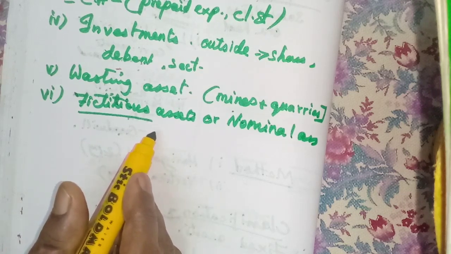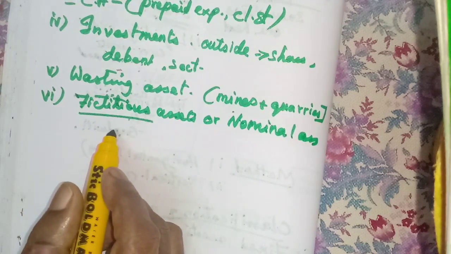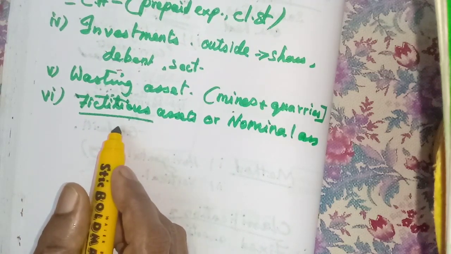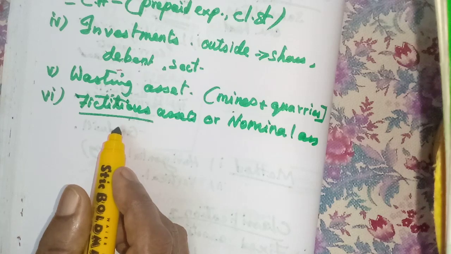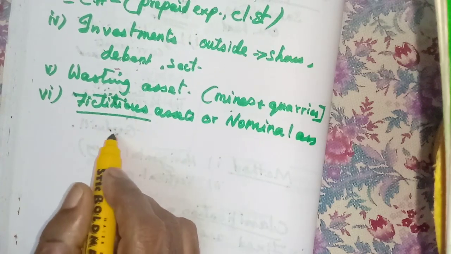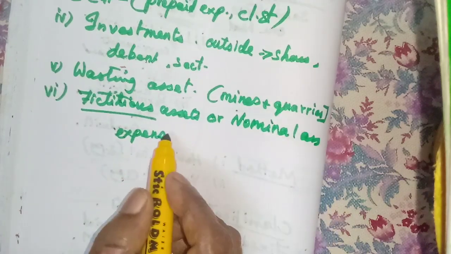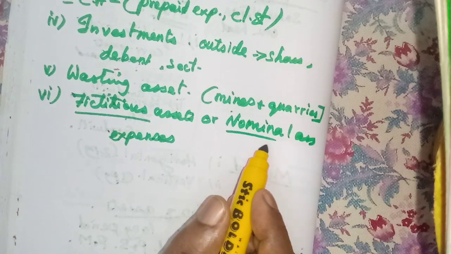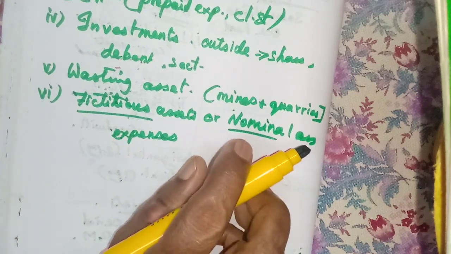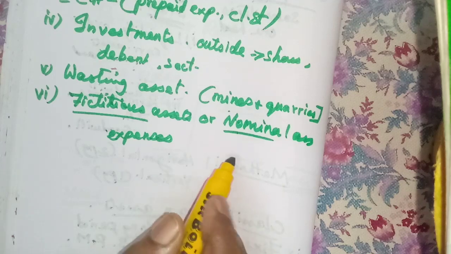It is not at all an asset, but still we show it in the balance sheet under the heading assets, because it is a kind of expense. That is why we say nominal assets. A nominal account, what will it include? All expenses, losses, income and gains are called nominal accounts, isn't it?